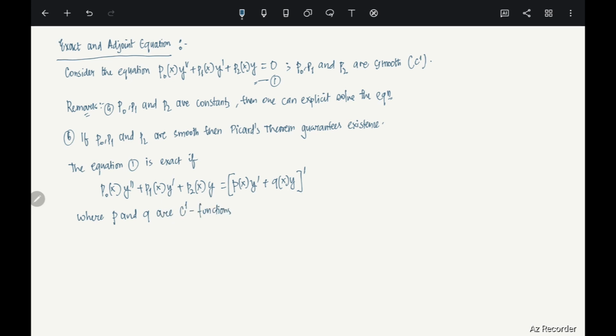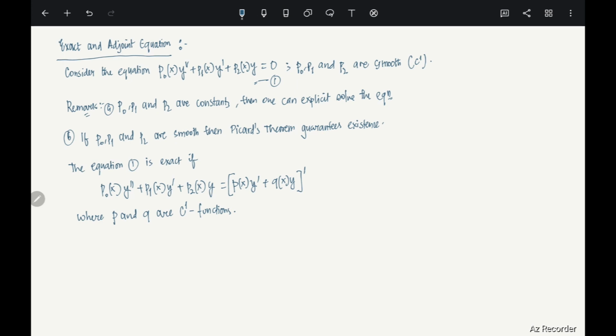Why? I want to write this expression like this, and of course I am taking the derivative of that function, so I need P and Q to be at least C1. If you can find a P and a Q, C1 functions, such that you can write this expression like this, then we call it an exact equation.